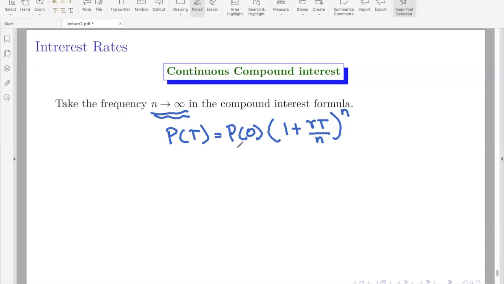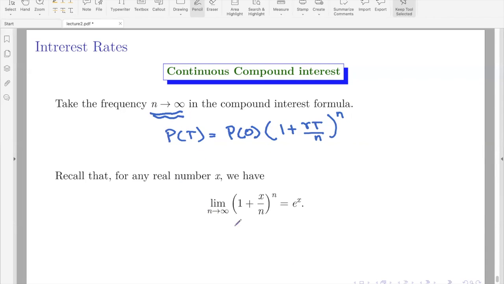Now we'll take n tending to infinity on both sides, and note that the exponential function e to the x can be written as limit n tends to infinity 1 plus x by n to the power of n for any real number x. So keeping that in mind, on this side there is no n, therefore there is no limit.